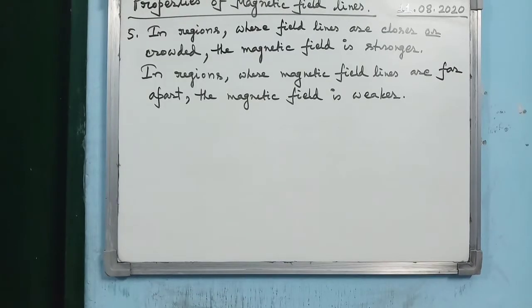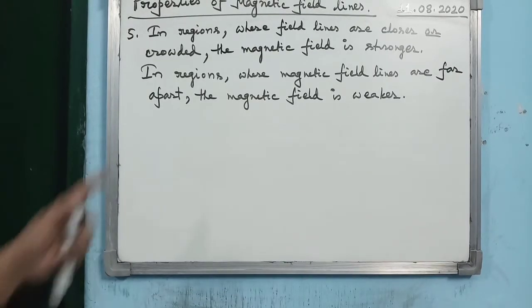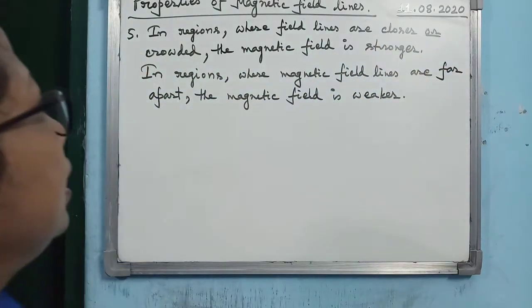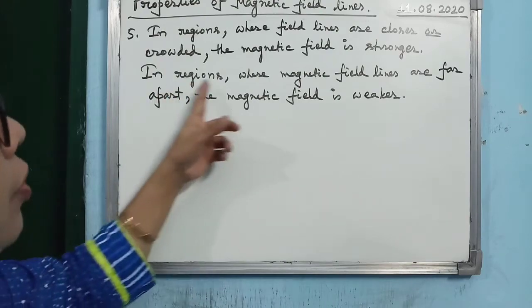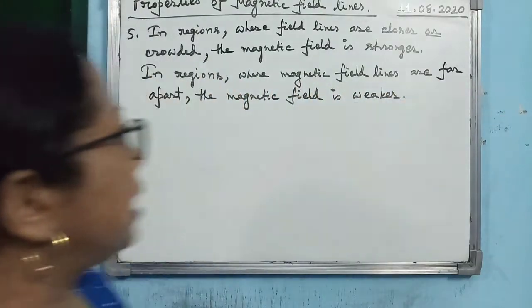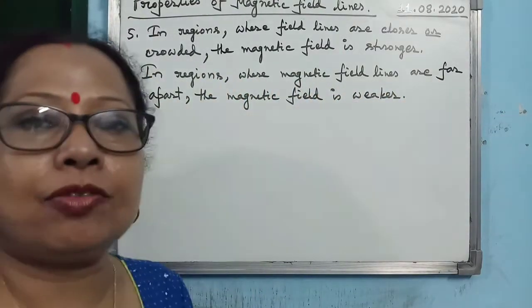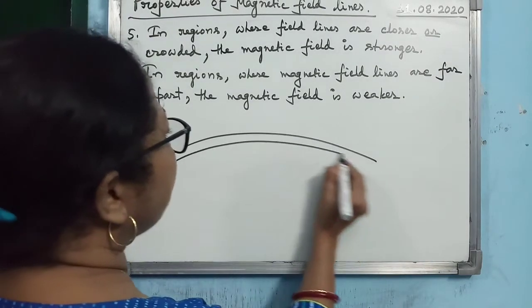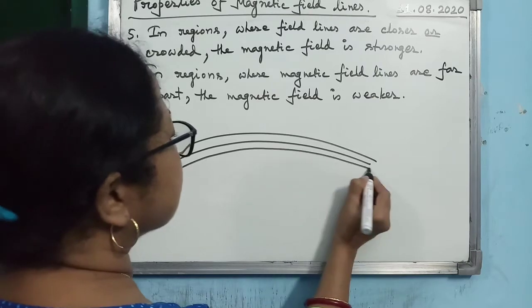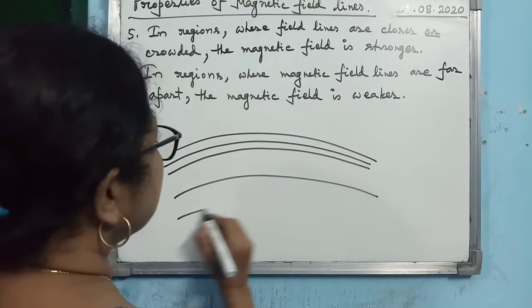Now the fifth property is that the region where magnetic field lines are closer or crowded, the magnetic field is stronger. And in regions where magnetic field lines are far apart, the magnetic field is weaker. So suppose you are having a set of magnetic field lines like this. Okay, just consider this one.